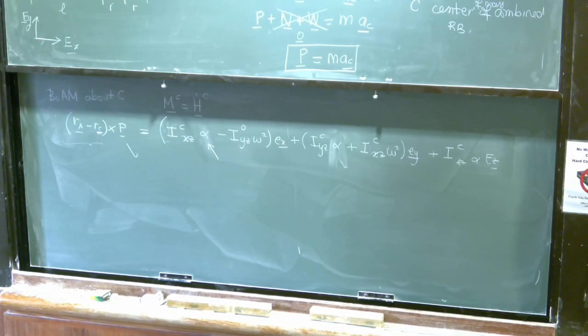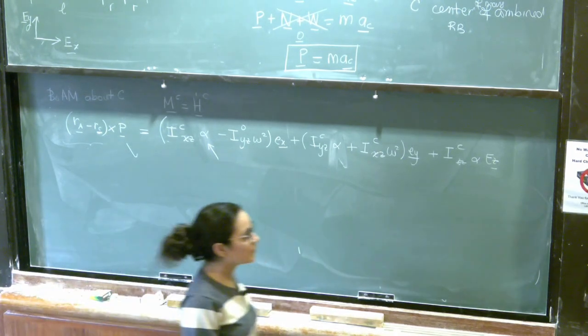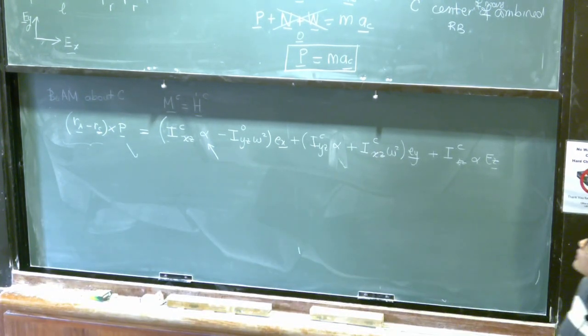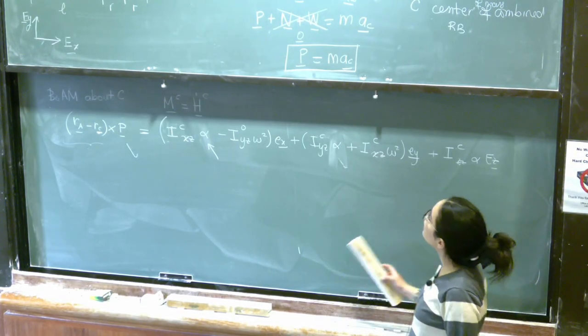Yeah? Okay, so what is it? How do we do it? RA minus RC is what? Let me do RC minus RA.